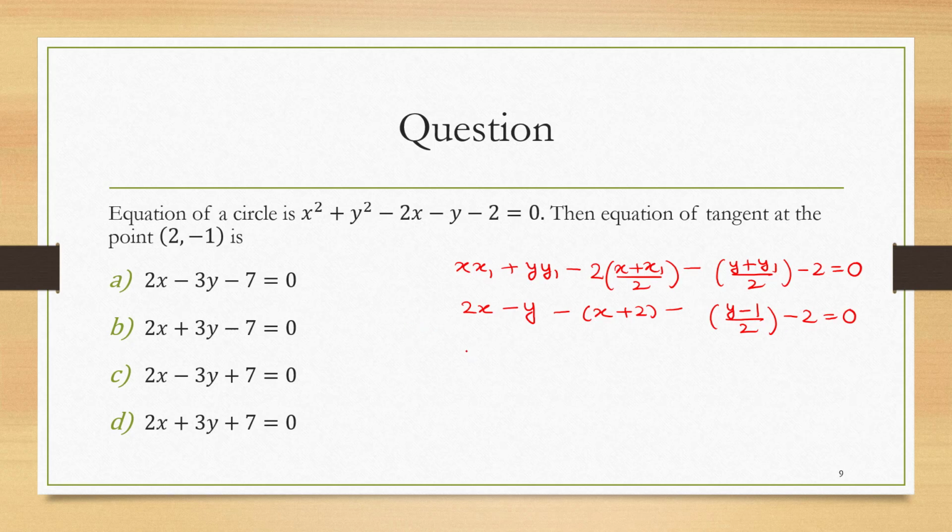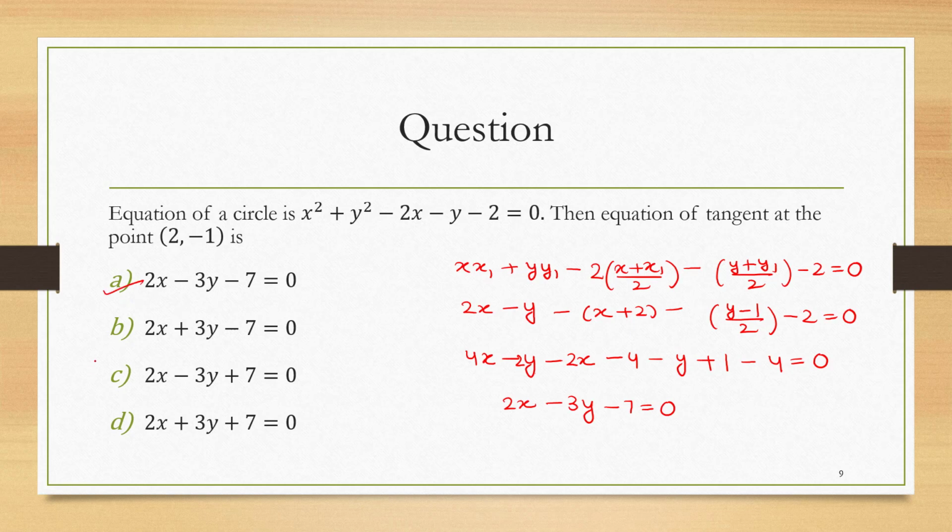Multiply by 2. So we get 4x minus 2x minus 2y minus y minus 4 plus 1 minus 4 equal to 0. That is 2x minus 3y minus 7 equal to 0. So option number 1A is correct.